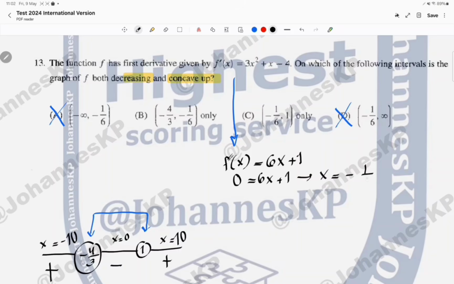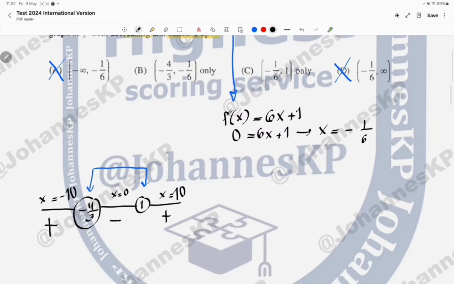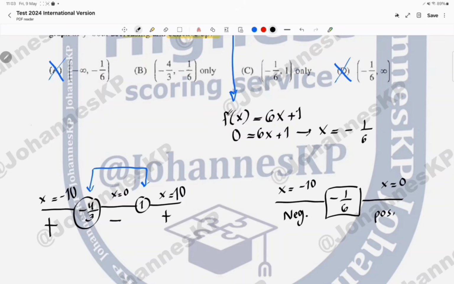Equalize your second derivative to 0. X equals minus 1 over 6. That's called an inflection point that we just found. Okay? And now you must plug in within the second derivative. So let's say negative 10, and let's say you plug in a 0. Here would be negative, and here would be positive.